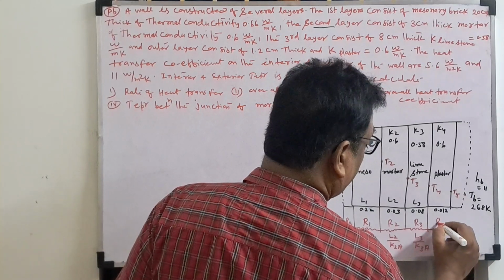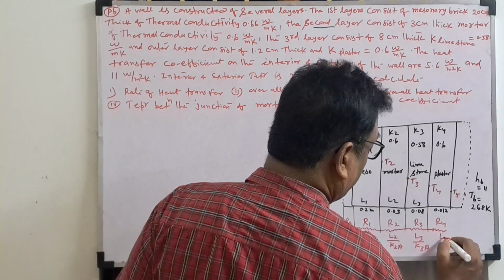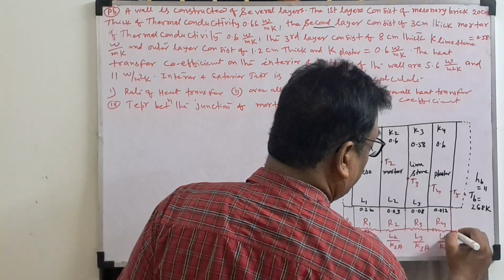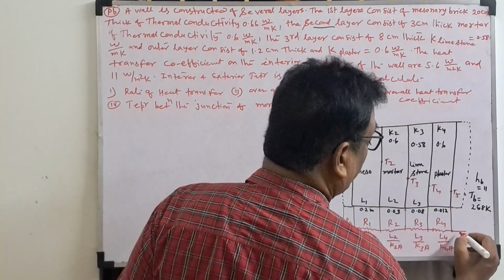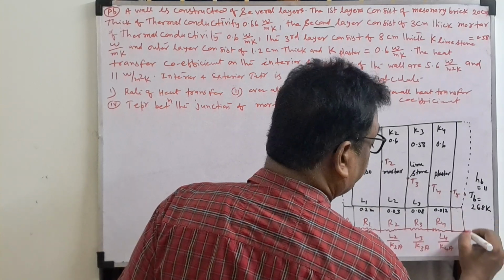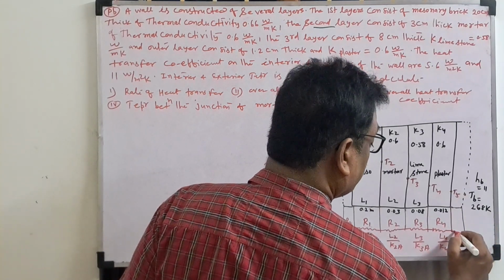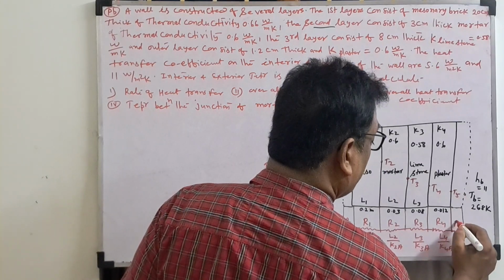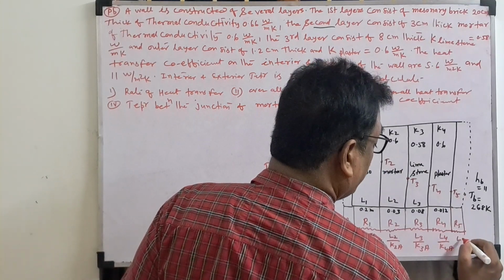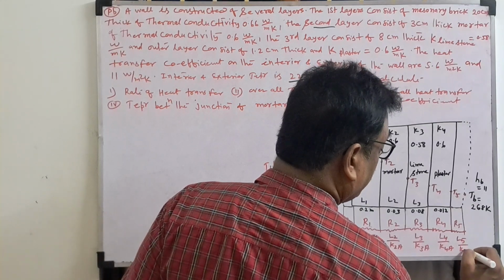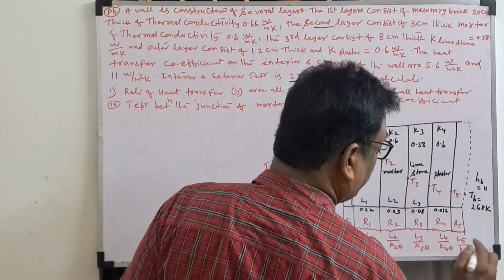Then R4, L4, K4A. Then again here temperature will come, T5. So here thermal resistance. So what is this one? R5. What is it? L5 by K5.